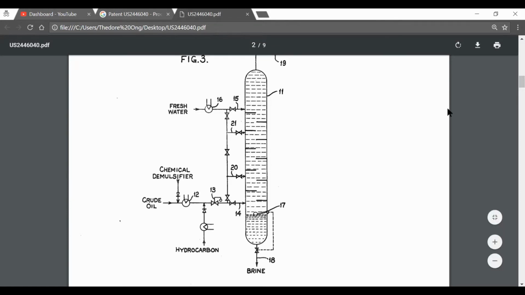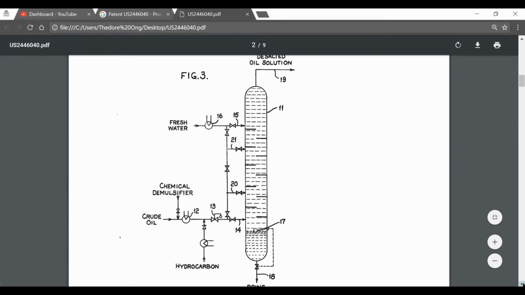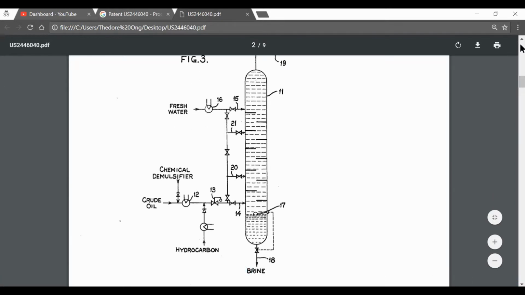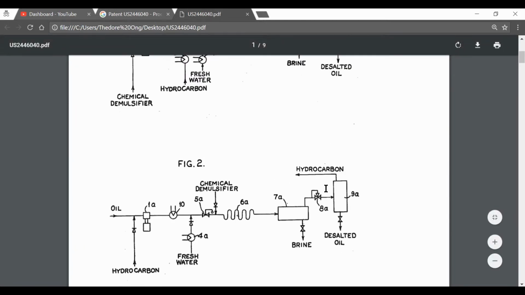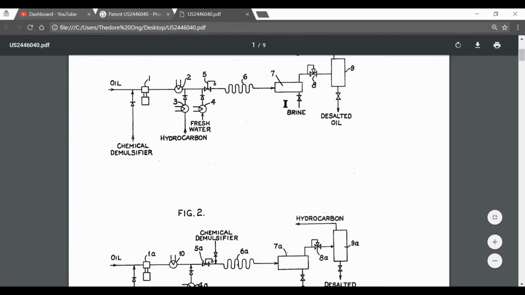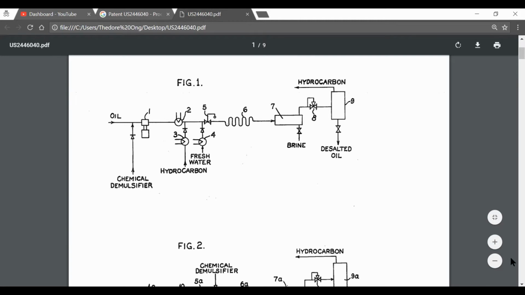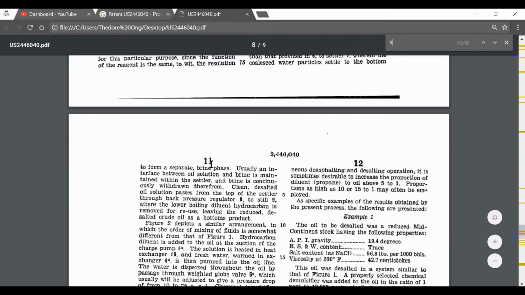Okay, so this is the desalted oil and the brine, salt water. That will be what 7A is like, because the oil and brine will be in here. Then the desalted oil and hydrocarbon will be separated in column 9. So let's look for 9. So it says 9 is a still.